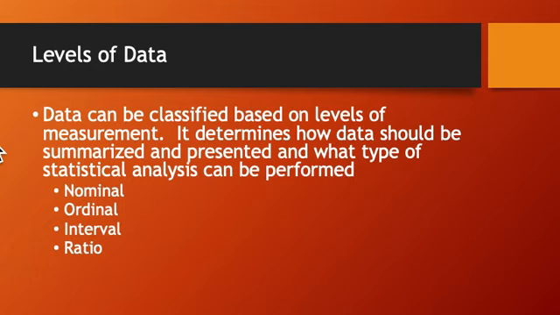Ratio, the highest level, is very similar to interval, except that it has a meaningful interpretation of 0 on the scale. And so that becomes more important. For instance, how much income you make, right? That would be a ratio level. 0 has a meaningful number to it.